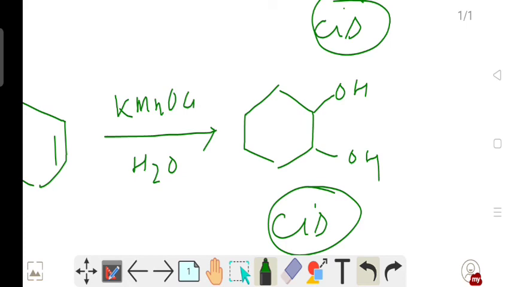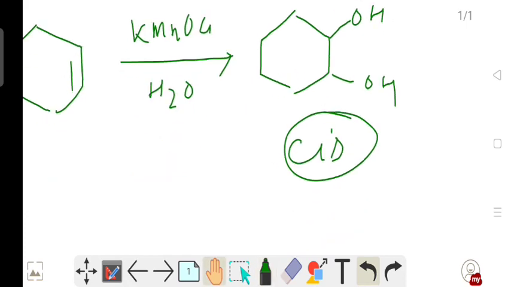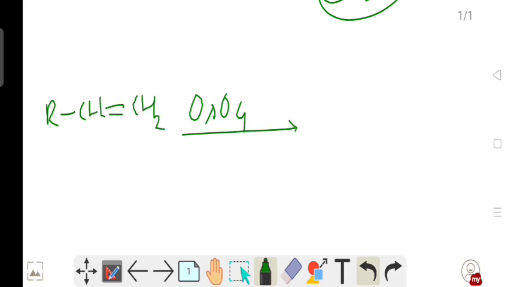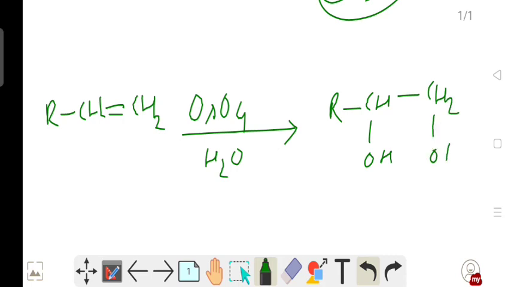Another reagent of the same type is osmium tetraoxide. If we use osmium tetraoxide with a double bond or alkene, the same type of reaction goes on, and you get the same product, the vicinal diol. So again it is oxidation of the double bond using potassium permanganate or osmium tetroxide.